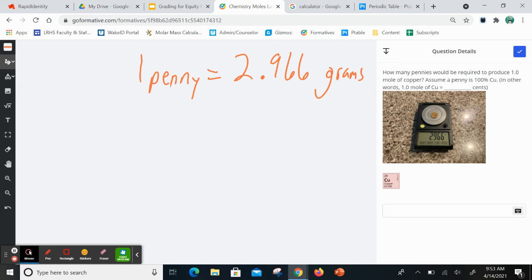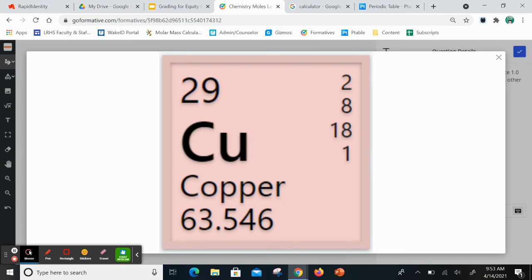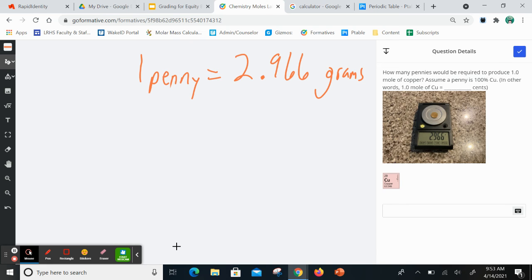So how many pennies are there for a mole? Well, copper, we would need 63.5 grams. So how many pennies in 65.3 grams.